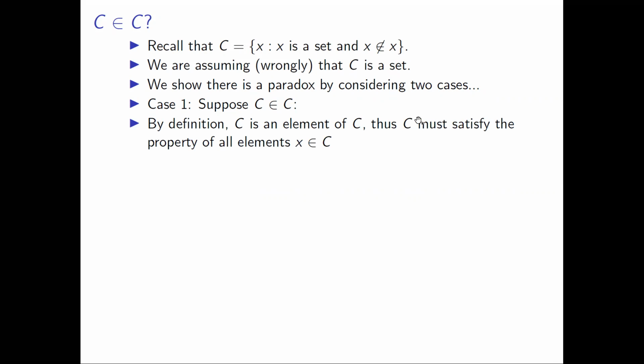And if C is an element of C, we can look at the requirement for all elements of C up here. Elements of C must be sets, and they must satisfy that they are not elements of themselves. Those are the only two requirements. So C must satisfy that property.